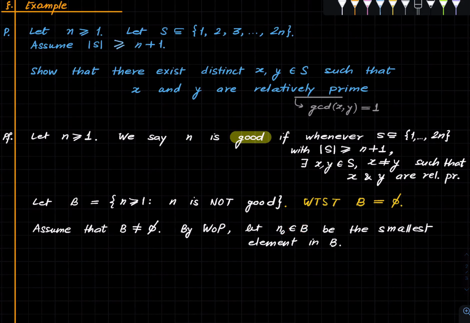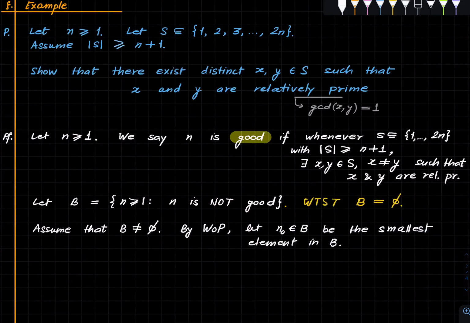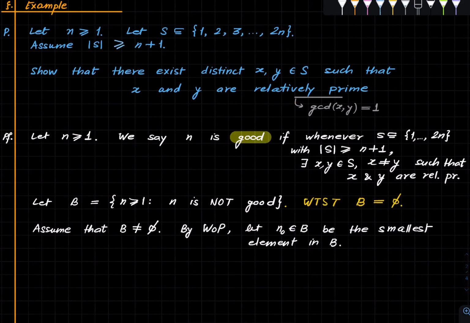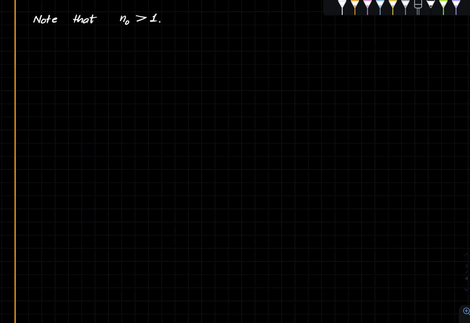And now note that n naught is greater than 1. Why? Because 1 is definitely a good natural number. You can easily verify the proposition for n equals 1, and hence 1 is definitely good, and hence it is not in the bad set. So it cannot be equal to n naught, right? So n naught is definitely greater than 1.